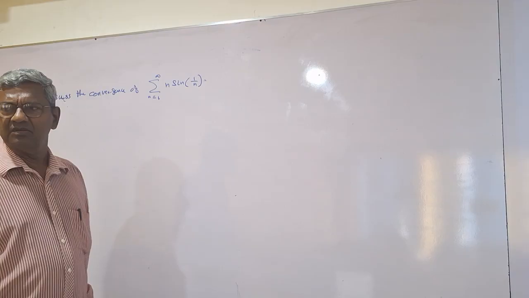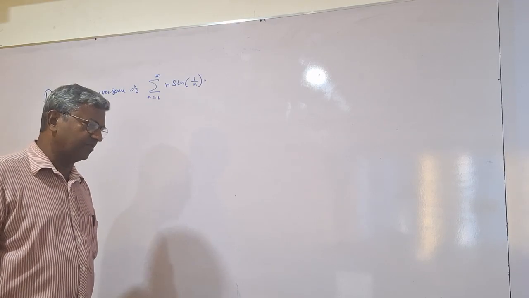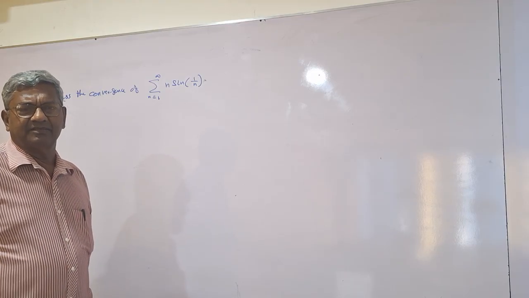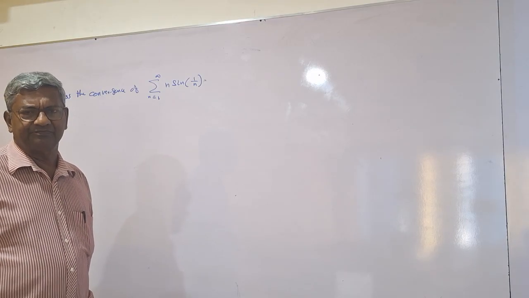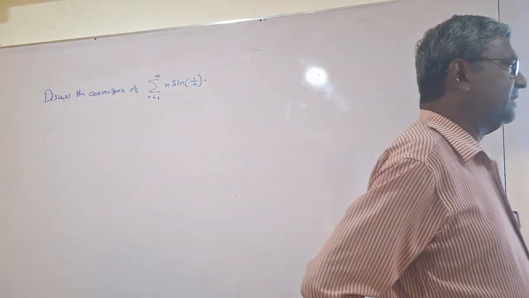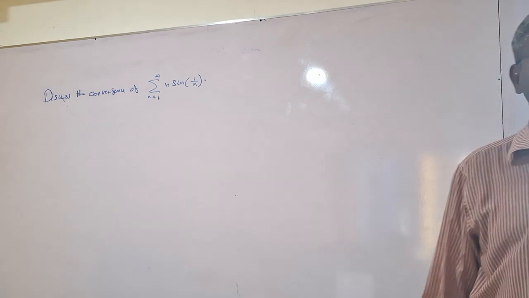The alternating series test. You cannot apply it here, because this is not an alternating series. To apply the alternating series test, you have to have (-1)^n and a n which decreases to 0.